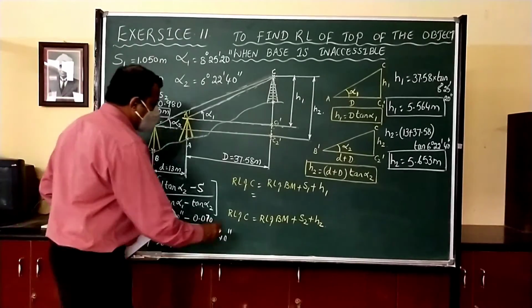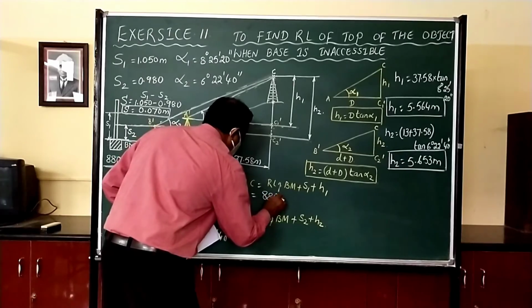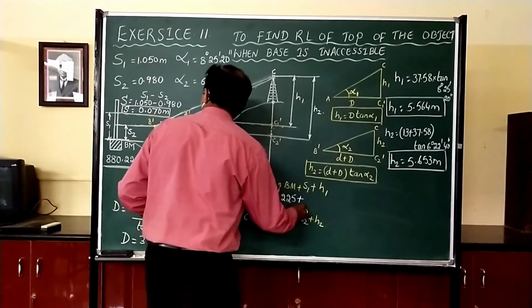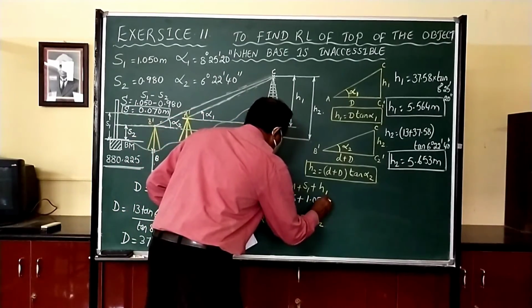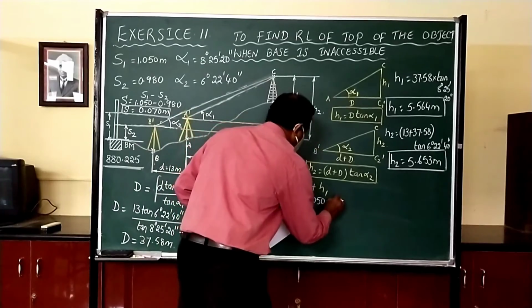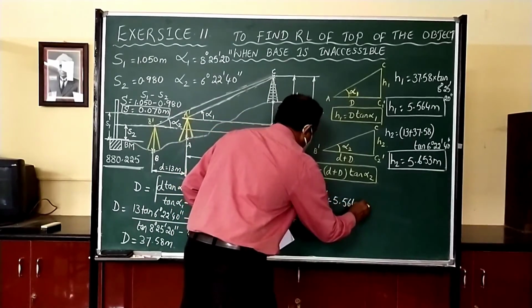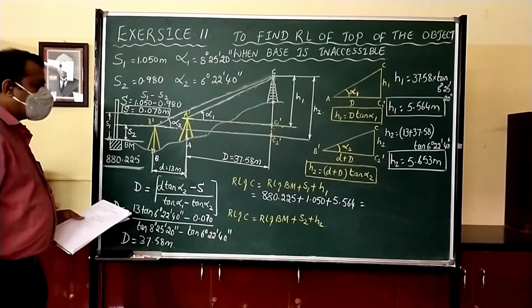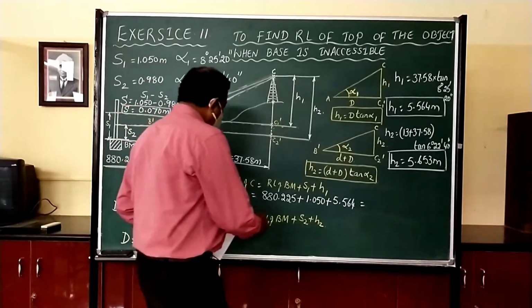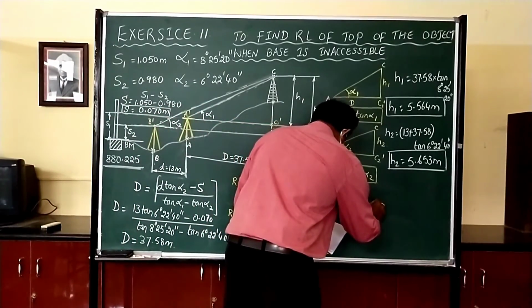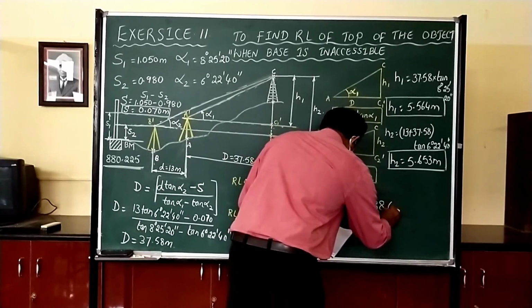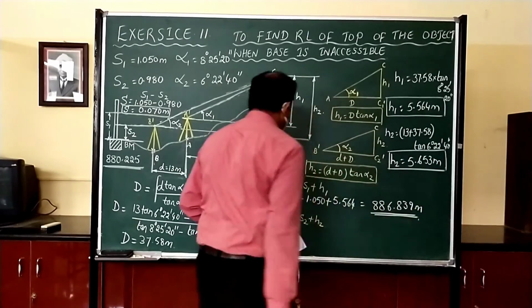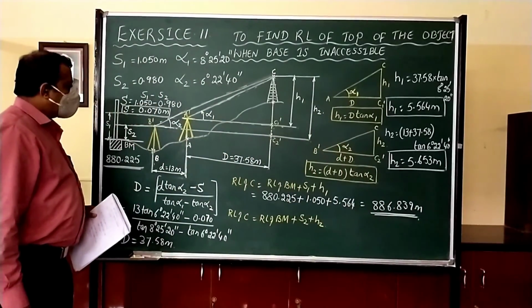That is 880.225 plus S1, S1 is 1.050, plus H1, 5.564. The value is RL of C equal to 886.839 meter. This is the observation from A.